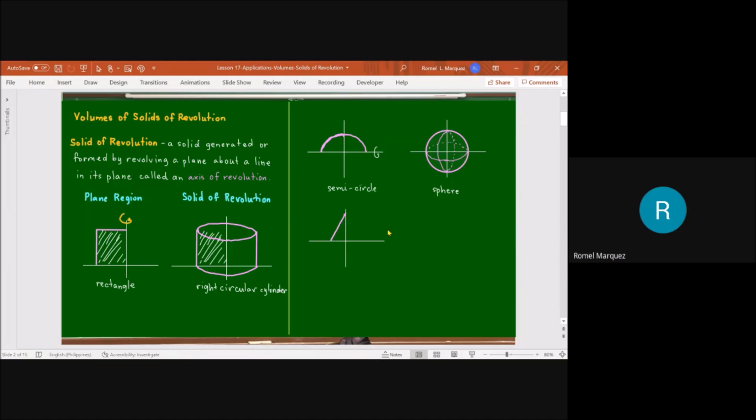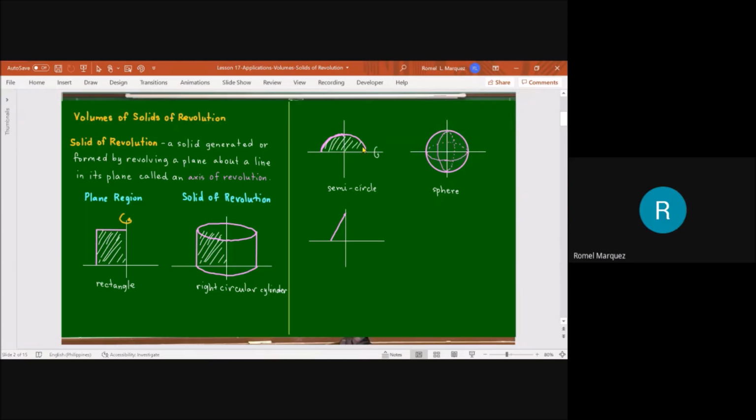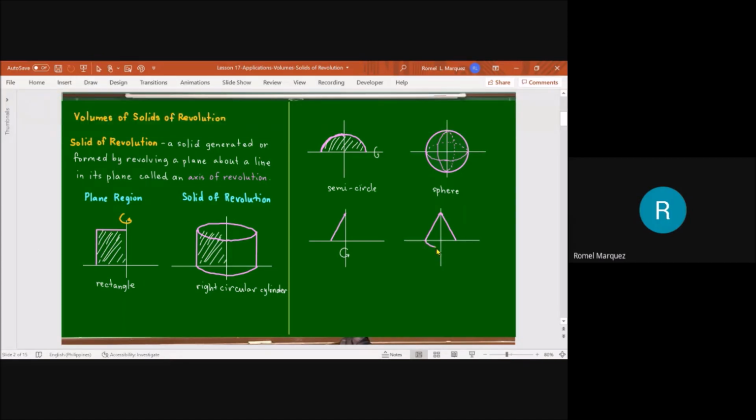If I'm going to rotate this region about this vertical line, what do you think will be generated? Conical shape, no? So this is what we're going to generate. So a right circular cone, no? We now have this right circular cone.